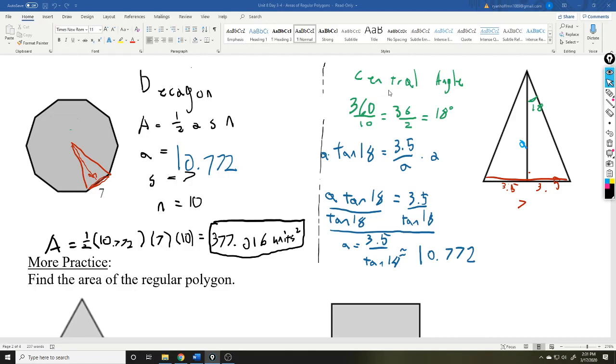And after we figure that out, we come over here to our triangle, get our central angle, 360 divided by number of sides. We got to cut that in half because we just want this piece of the central angle. All right, and then usually we're going to be using trig to get our other piece that we're missing. So that's what we did over here, and then plug it back into the formula.